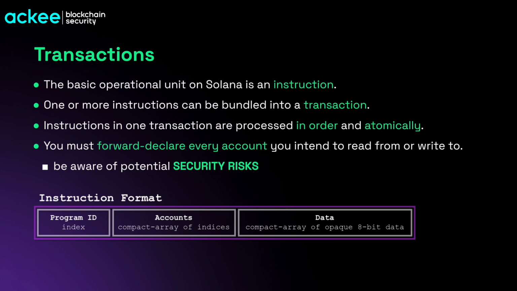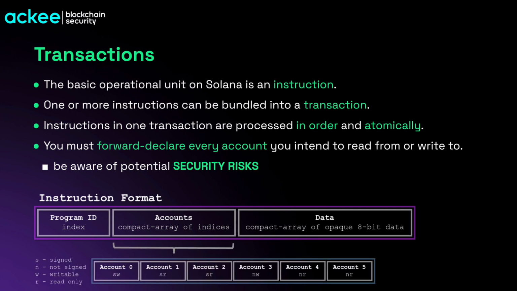When we are defining these transactions, we must forward declare every account we intend to read from or write to. We also need to be aware of any potential security risks because obviously all of these transactions can be constructed by any user of Solana. If we look at our instruction format, we have a program ID, all of the accounts we need to supply, and then some form of 8-bit data that we supply to the program.